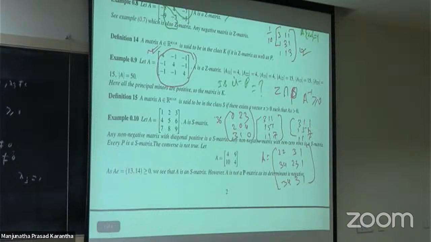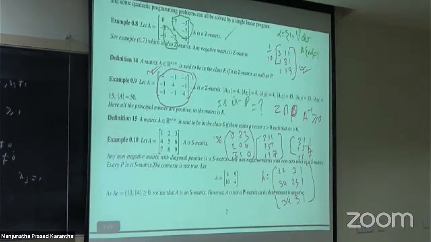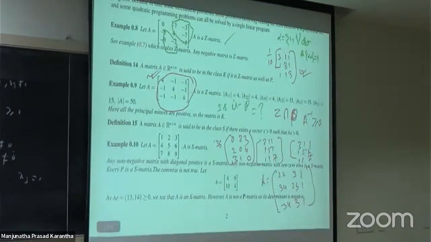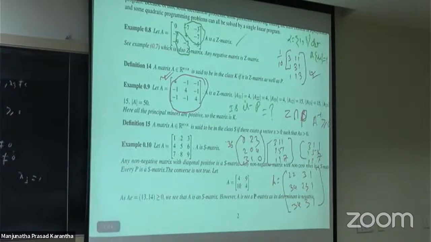In example 0.9, that matrix A, if we take that P matrix, the inverse is 1 by 10 times cube 1, 1. So you take this matrix as a P matrix, but it has to be strictly positive, which is also a P matrix.